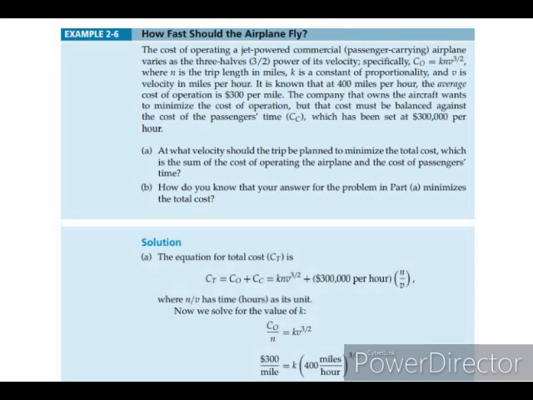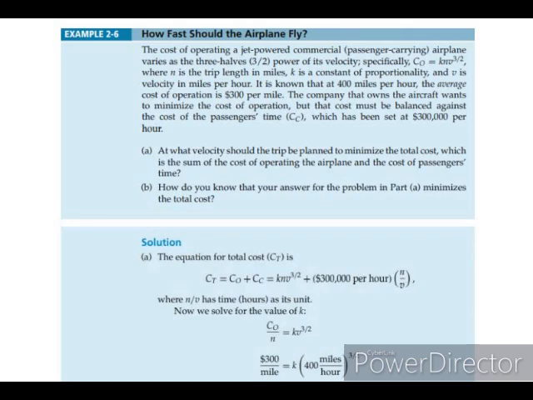The passengers' time has been set at $300,000 per hour. These are the questions we are going to answer. Letter A: at what velocity should the trip be planned to minimize the total cost, which is the sum of the cost of operating the airplane and the cost of passengers' time?